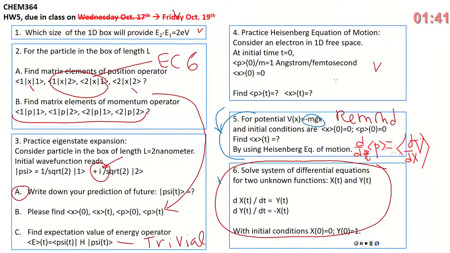We have L over pi from our conversion to this u and v variables, and we are going to have another L over pi from this integral. So we are getting L over pi squared times cosine pi x over L evaluated in the limits from 0 to L capital.